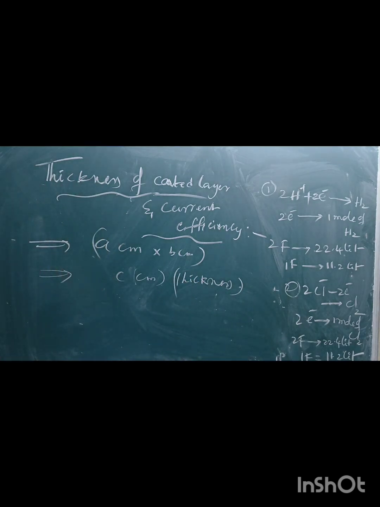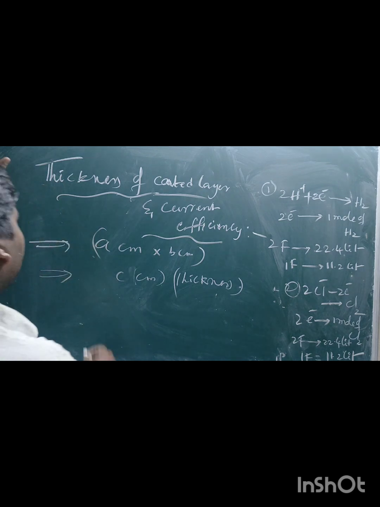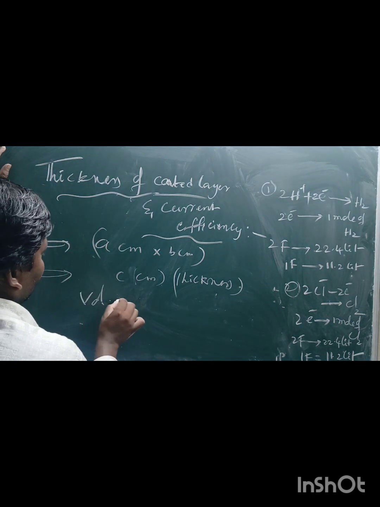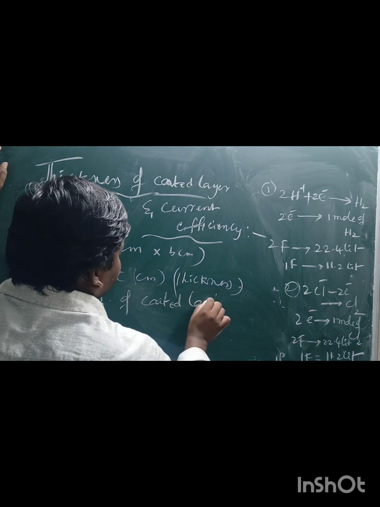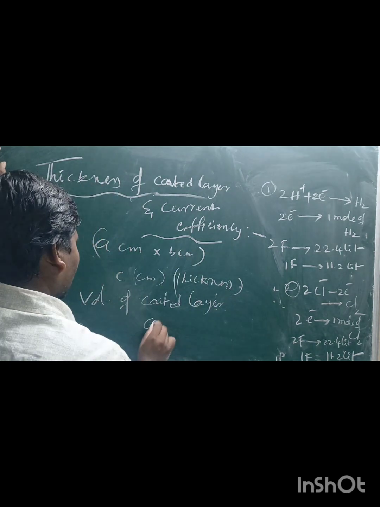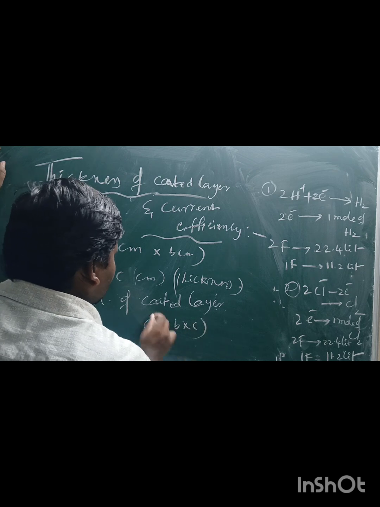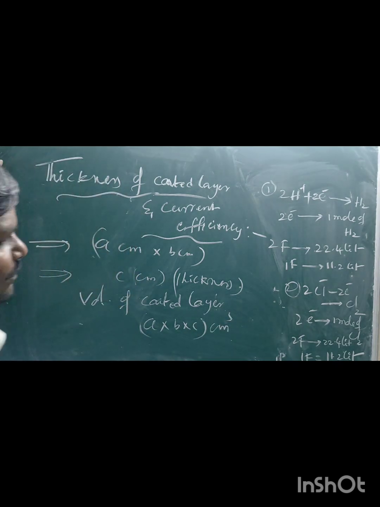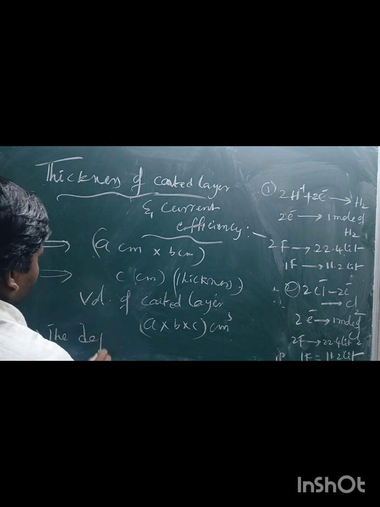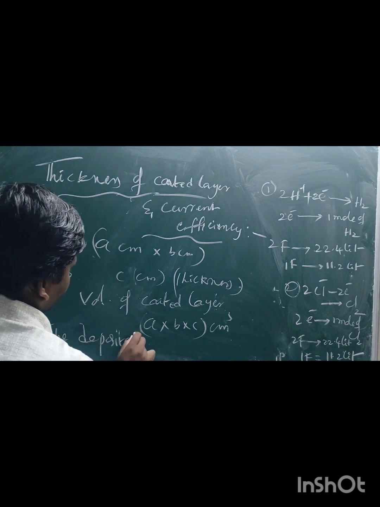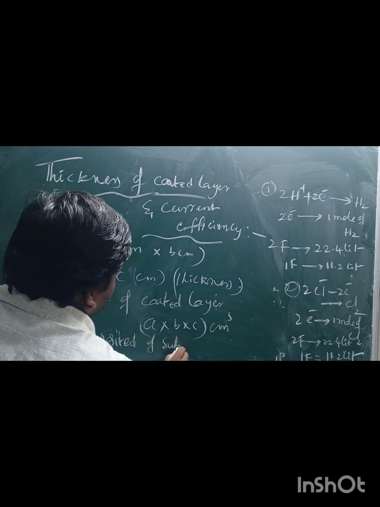The volume of the coated layer is obtained by multiplying all the terms: A into B into C centimeter cube. Now I want the mass of the deposited substance.